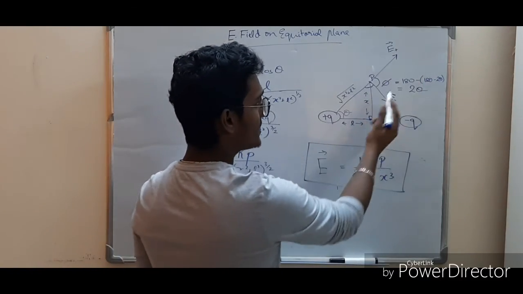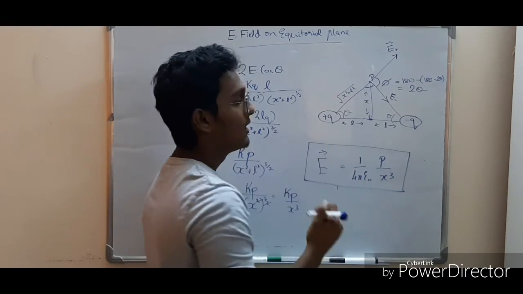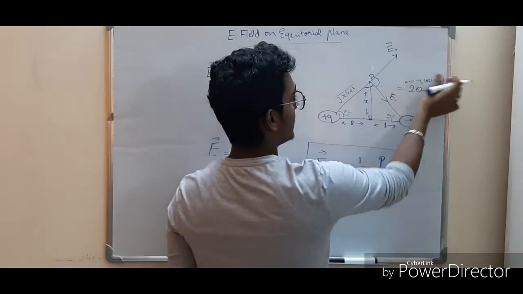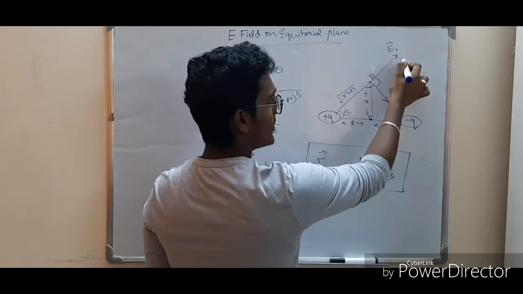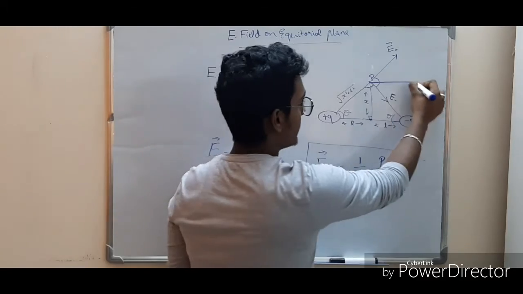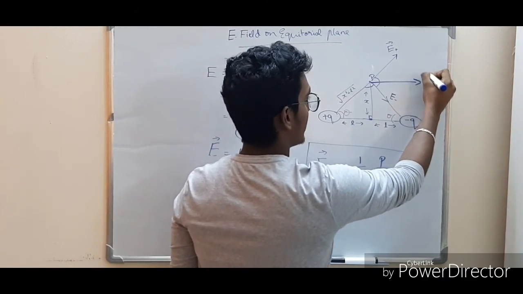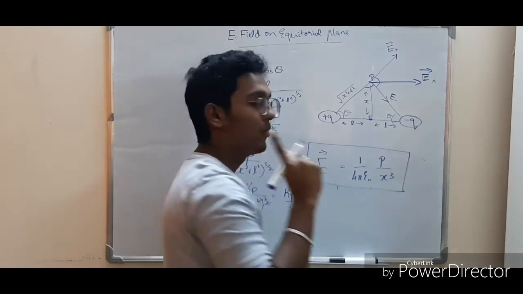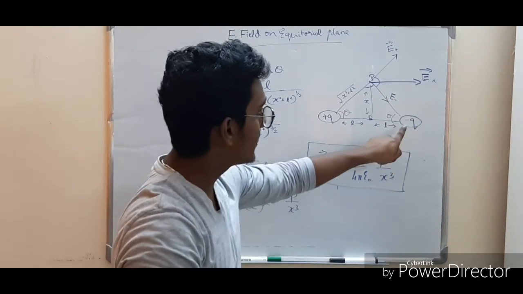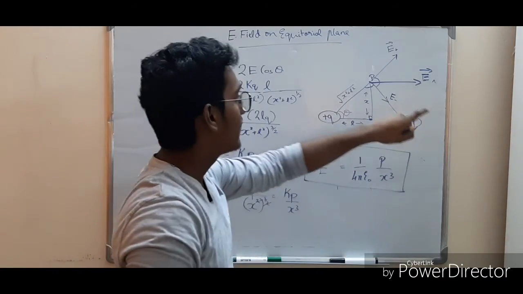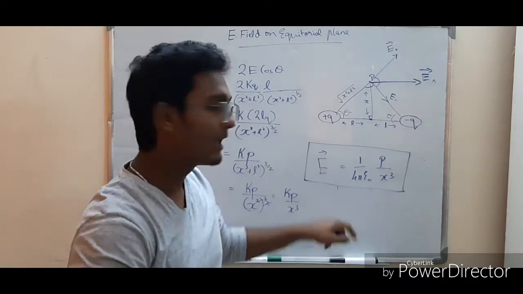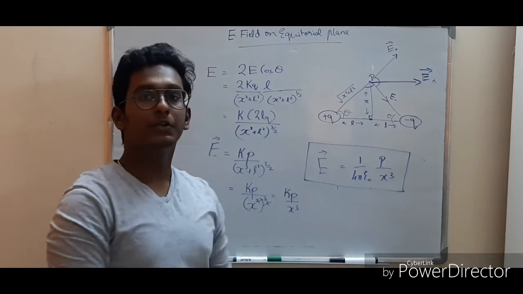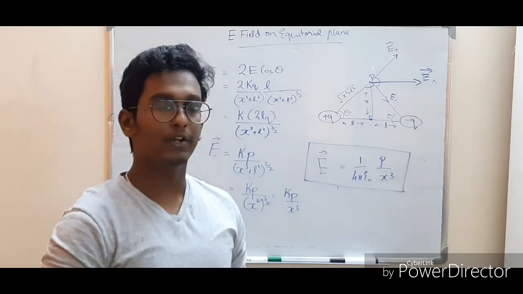Positive and positive repel, positive and negative attract. So the resultant of this electric field is going to be somewhere between these two, right? The net electric field is going to be towards the direction of the negative of the dipole, with a magnitude of this. So this is the electric field due to the dipole at an equatorial point.